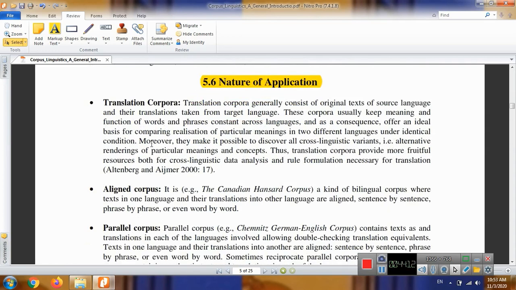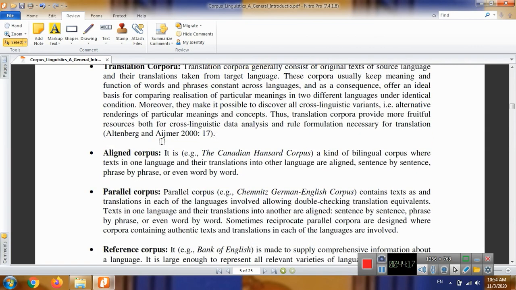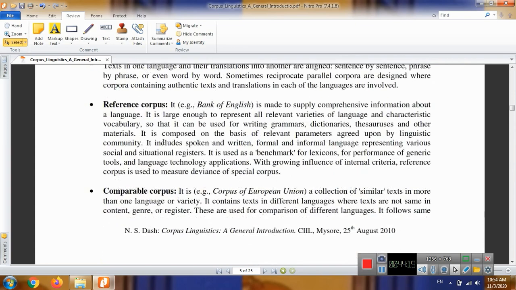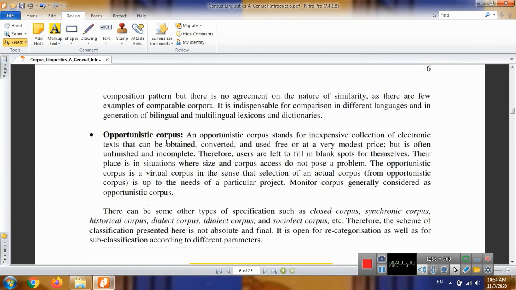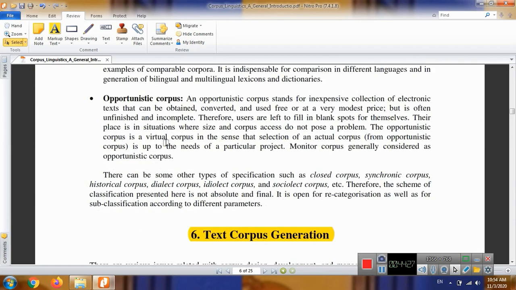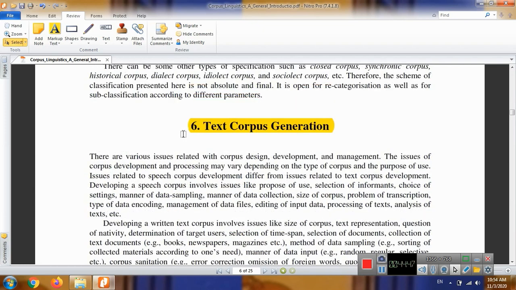For the different kinds of corpus, we referred to the translation corpora, aligned corpus, parallel corpus, reference corpus, comparable corpus, opportunistic corpus, and we have other types of corpus which are clause corpus, synchronic corpus, historical corpus, dialect corpus, idiolect corpus, sociolect corpus, and other types of corpus which we use according to our purpose of generating a corpus.